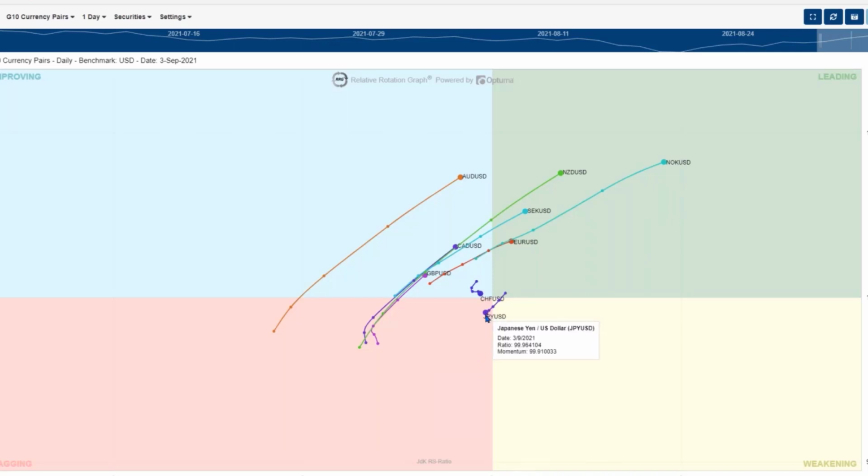Now, interestingly, one that was the only one on the right-hand side of the dollar until recently, everything has come from across the left-hand side here, from underperforming to many of them overperforming. But one that has moved from being on the right-hand side, outperforming the dollar, to slightly underperforming is the Japanese yen.